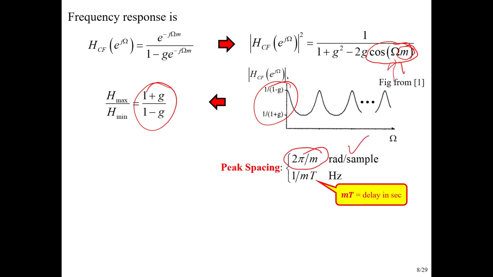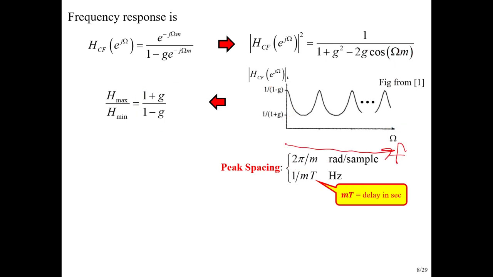So that's the peak spacing on this omega axis. But if we were to do it on an equivalent f axis, that spacing is now 1 over mT hertz. And I'm pointing out that mT is the delay in seconds. So the peak spacing and the delay or the echo spacing are reciprocals of each other.